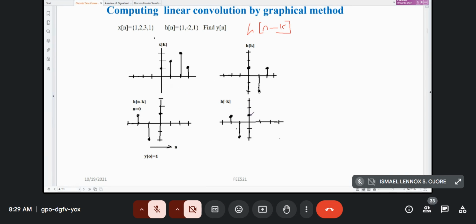So this h of minus k, which of course is the same as h of n minus k when n is equal to 0. When you put n equal to 0, it's just the same as this one. So you come and put your h of n minus k. And then we just do point-wise multiplication, because that's what you are doing here.